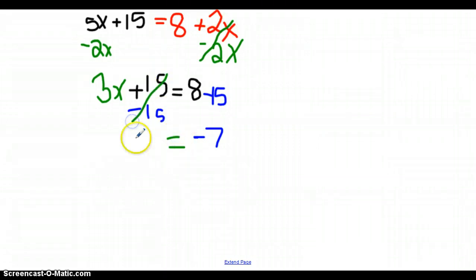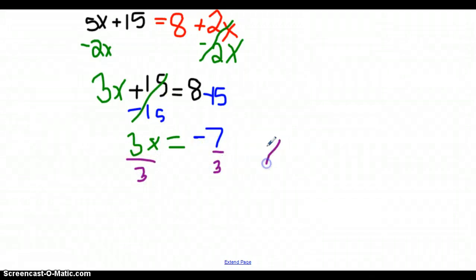These canceled out, and I have 3x equals negative 7. So the last thing I'm going to do is get rid of that 3 by dividing by 3. And we end up with x equals negative 7/3. Oh, my pen's stuck. There we go.